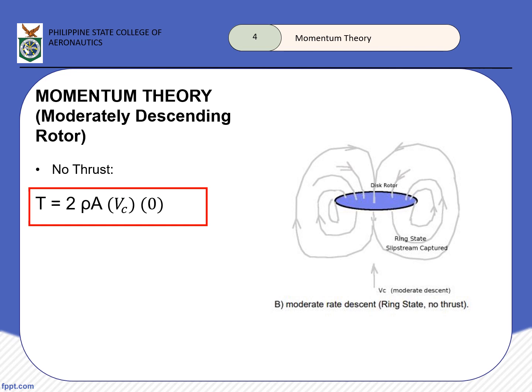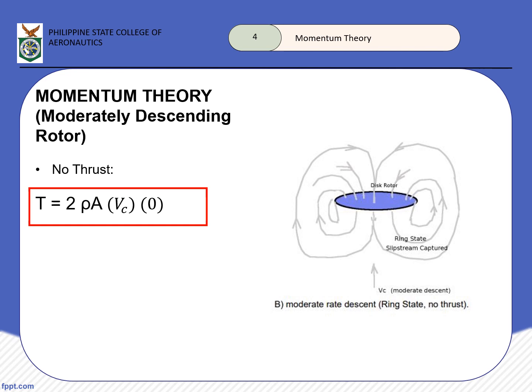So, take note that for no thrust, as you may see in the photo, it is just vortices. As discussed earlier, at some point, while the rotor tries to recirculate its own wake, there would come a time when we have no change in momentum, hence no thrust. So, that's why for the moderately descending rotor, here is the equation that equals zero, which is no thrust.